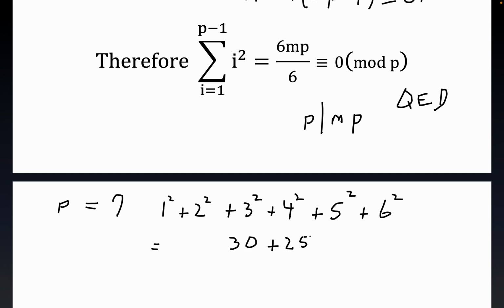Now we're wanting this to be divisible by 7. Let's see what happens. That would be 61 plus 30. That's equal to 91. But notice that 91 is equal to 7 times 13. So 91 is indeed divisible by 7.